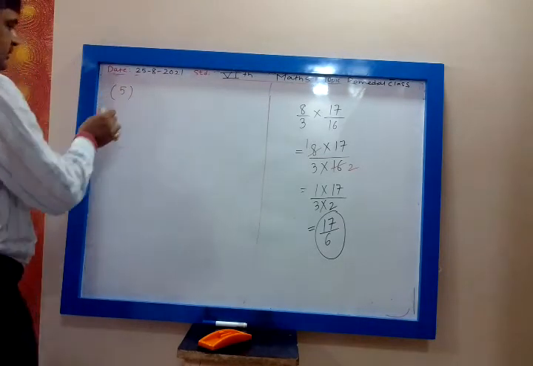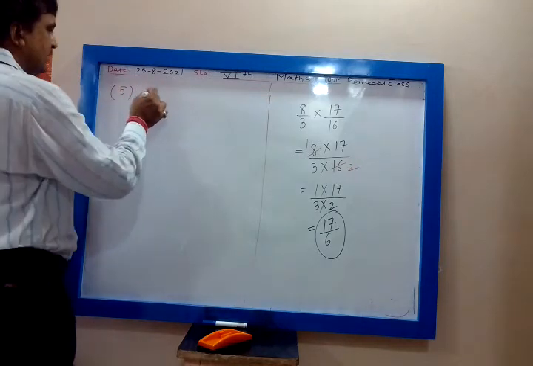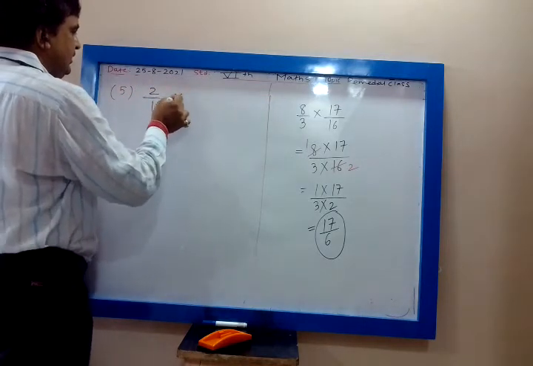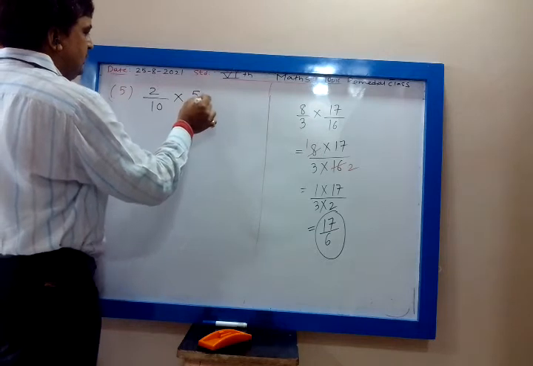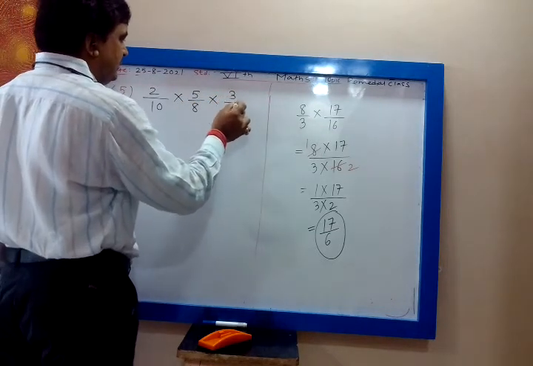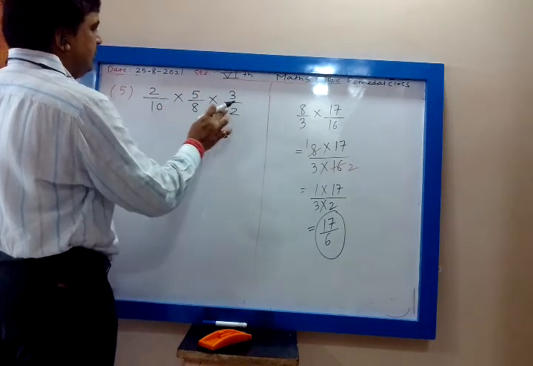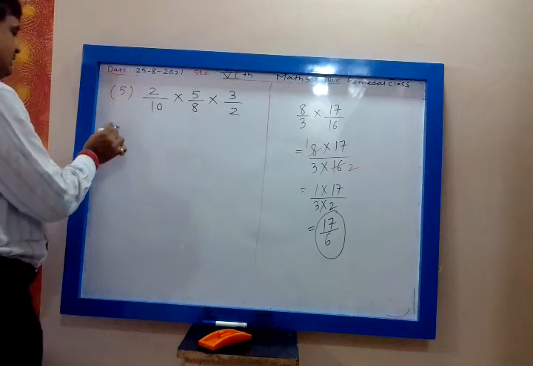Fifth one. Solve: 2 by 10 into 5 by 8 into 3 by 2. Multiplication of three fractions, so multiply numerator to numerator to numerator, denominator to denominator to denominator, and cancel the common factor.